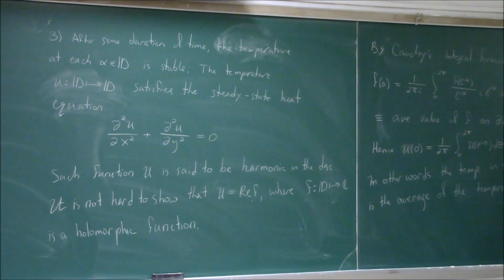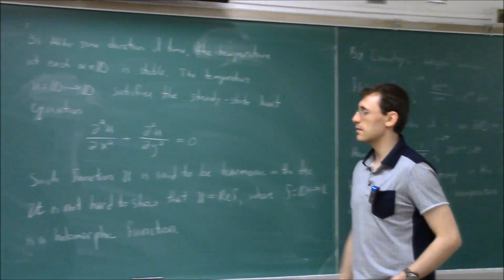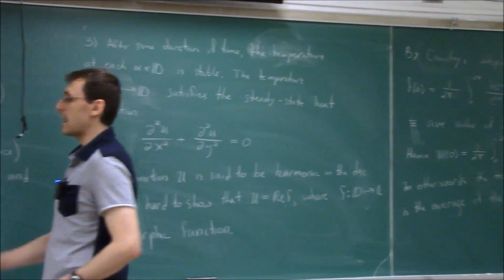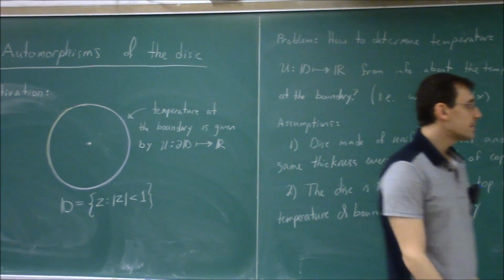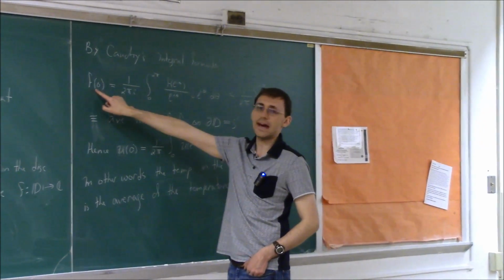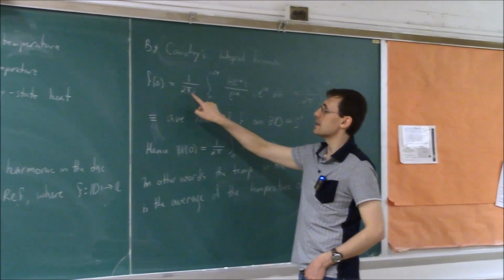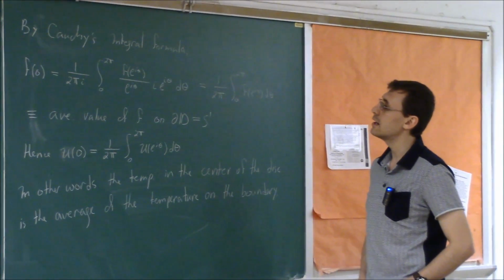So for holomorphic functions, let me try to determine what's the value of the holomorphic map f, whose real part is u, at the center of the disk. So I do the following calculation. By Cauchy's integral formula, I know that f of 0 is equal to 1 over 2 pi i, integral from 0 to 2 pi.